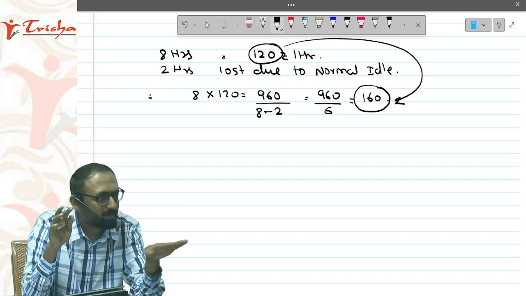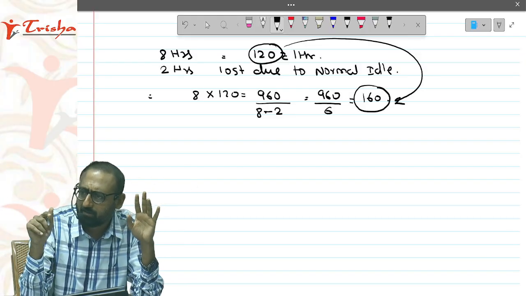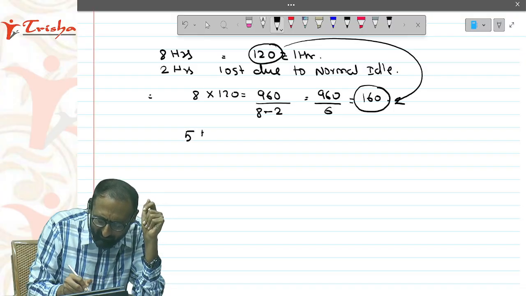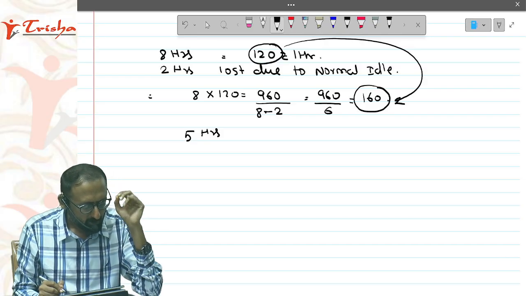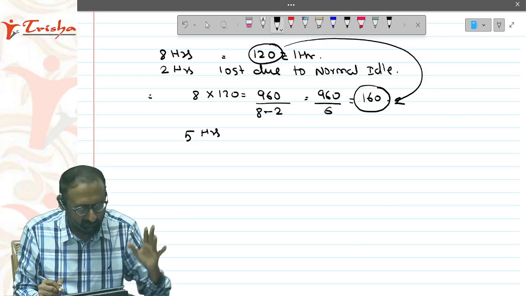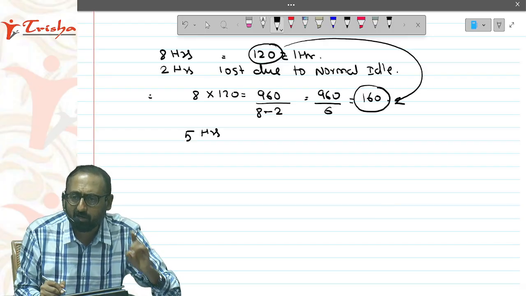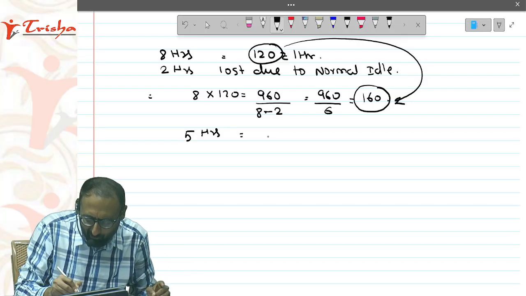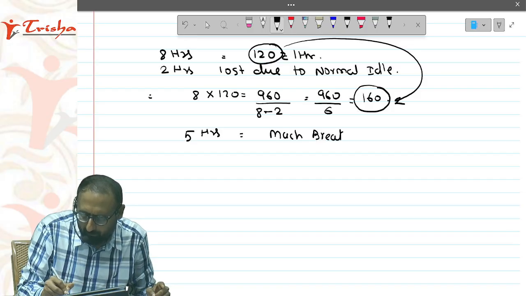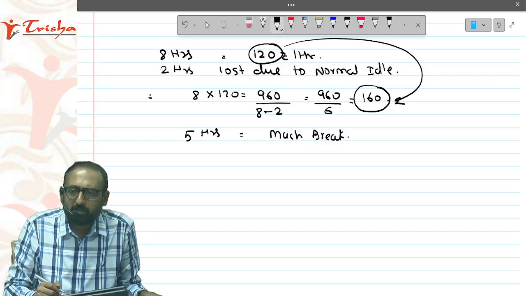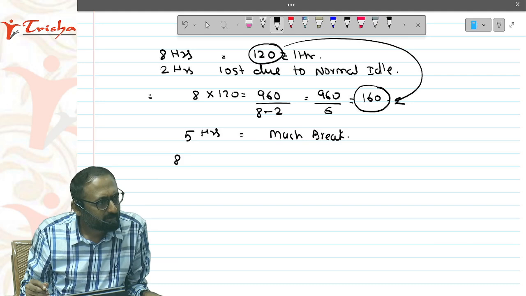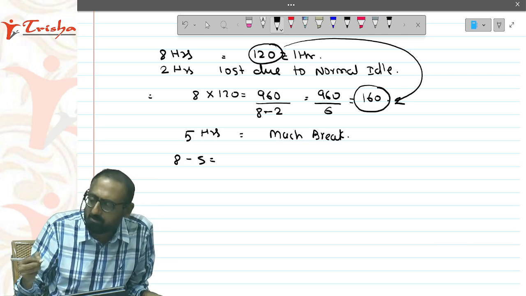In the same situation, it is given in a question that the worker works for 5 hours only. One extra hour is lost due to machine breakdown. The worker is present in the factory for 8 hours, correct? And he works for 5 hours.